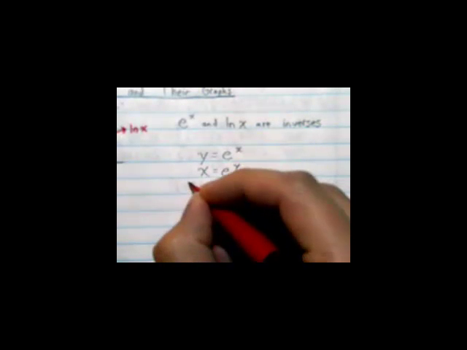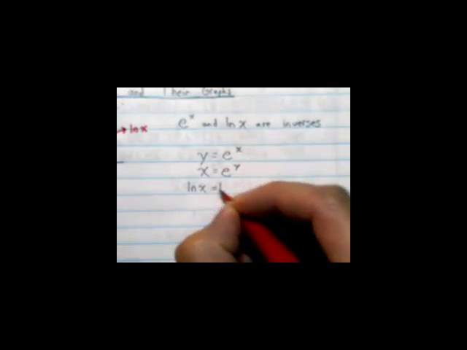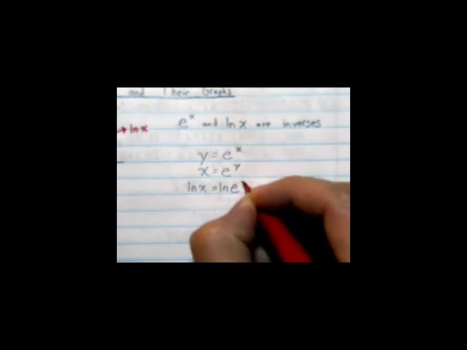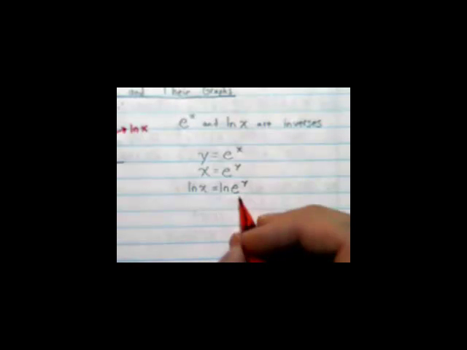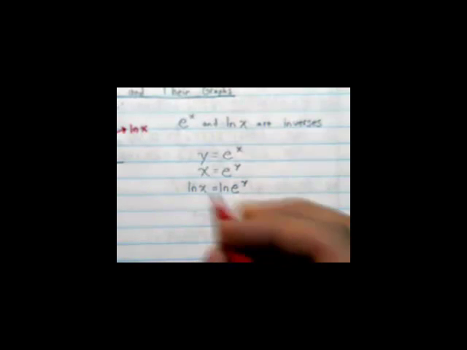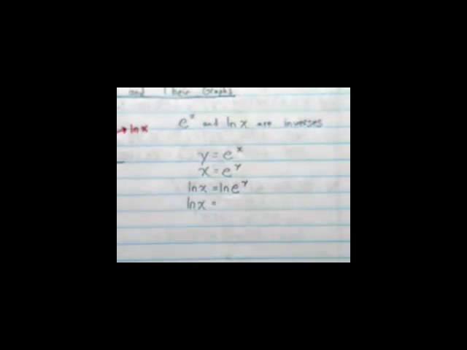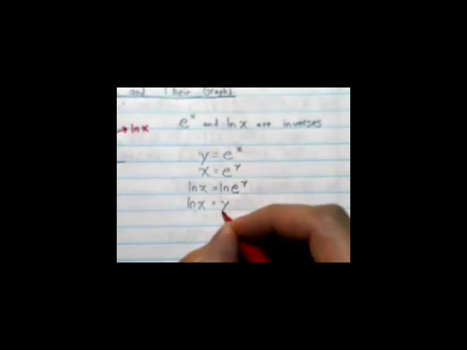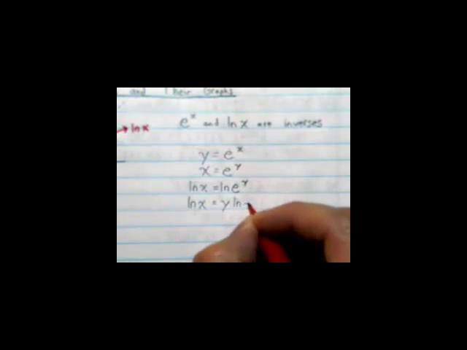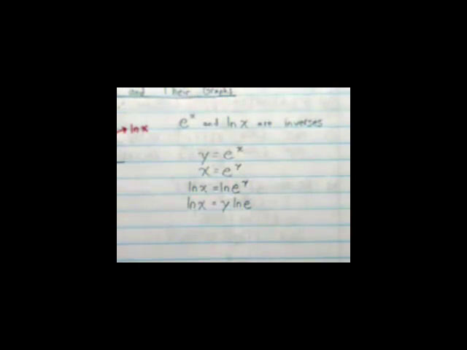So because it's e, if I do a natural log to each side, I get natural log x equals natural log e to the y. And then natural log of e to the y, there's this property we mentioned yesterday, which we'll talk more about in the future, but we can bring the y down in front, and then we have y times the natural log of e.